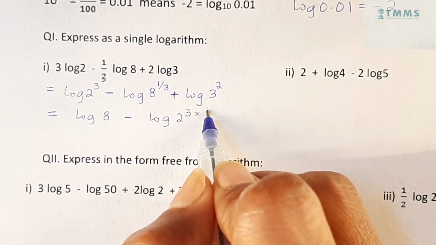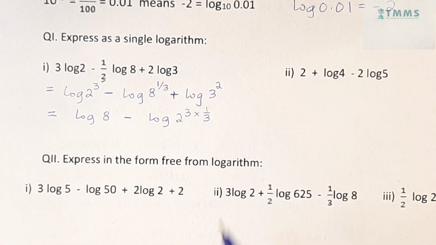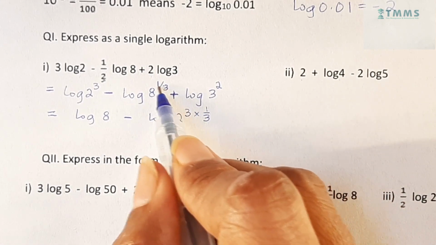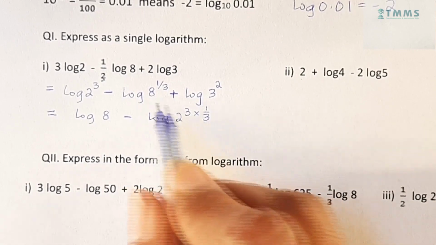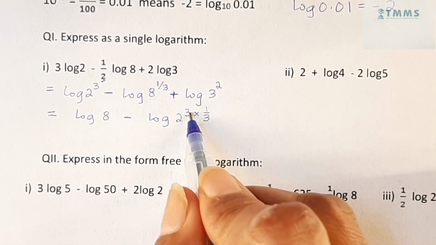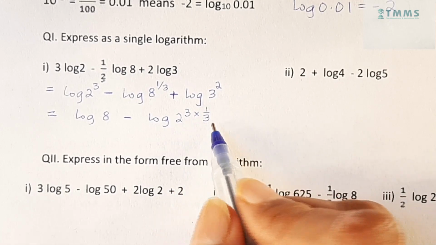And so by power law, 1/3 is the power that will get multiplied with the power of this 2, because 8 is the third power of 2. So 2 to the power 3 multiplied by 1 upon 3.